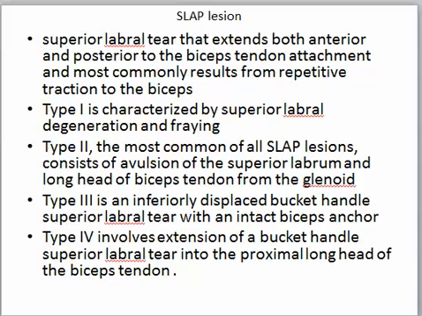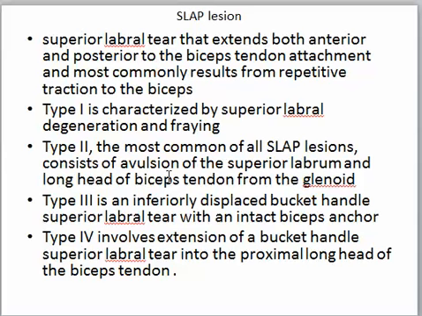It may be only degenerated. It may be, which is the most common of all SLAP lesions, with avulsed superior labrum involving the attachment of the long head of biceps, thus detaching this from the glenoid.